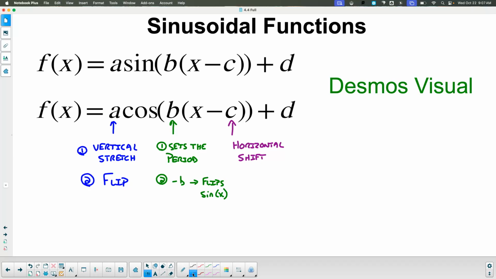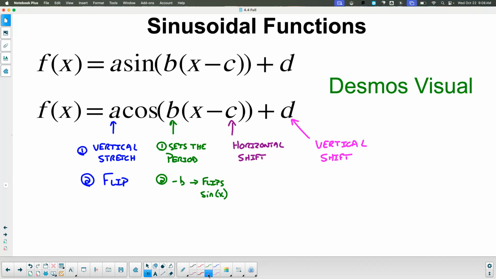And then lastly, we have D, and D is your vertical shift. It's going to take your whole wave and move it up or down depending on its positivity. The nice thing about D is you think about straight up. If D is negative 5, you move your graph down 5.